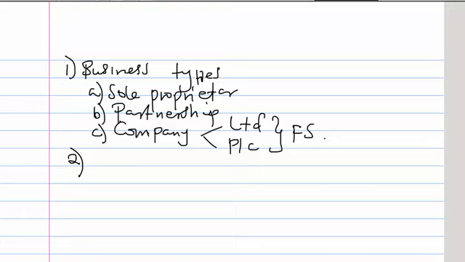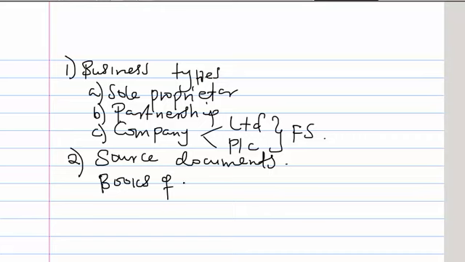By now, you should have also covered that before you get into preparation of these financial statements, you start by recording information in source documents. This information in the source documents is then transferred onto books of original entry or books of prime entry.